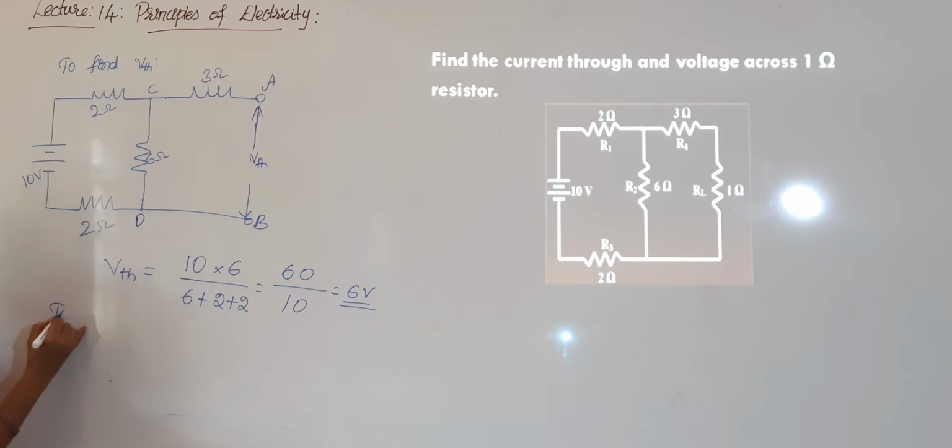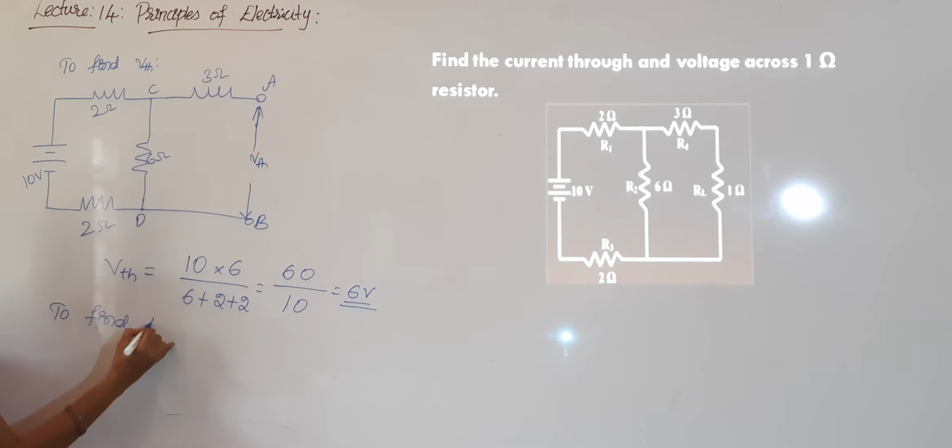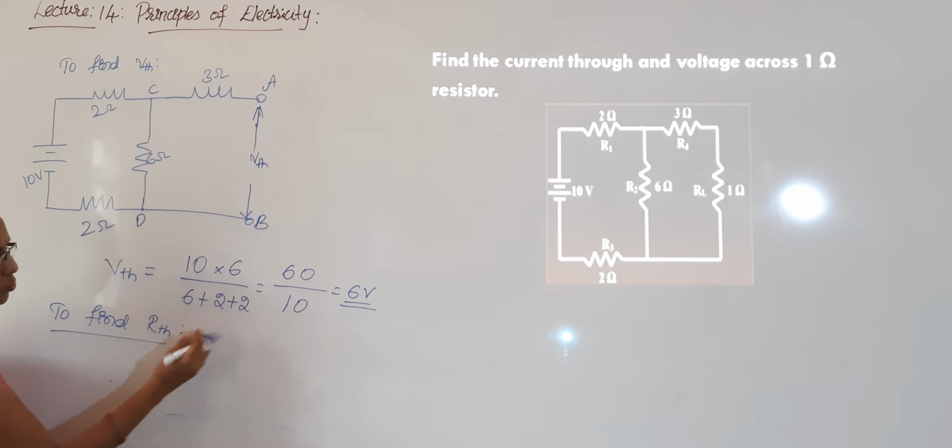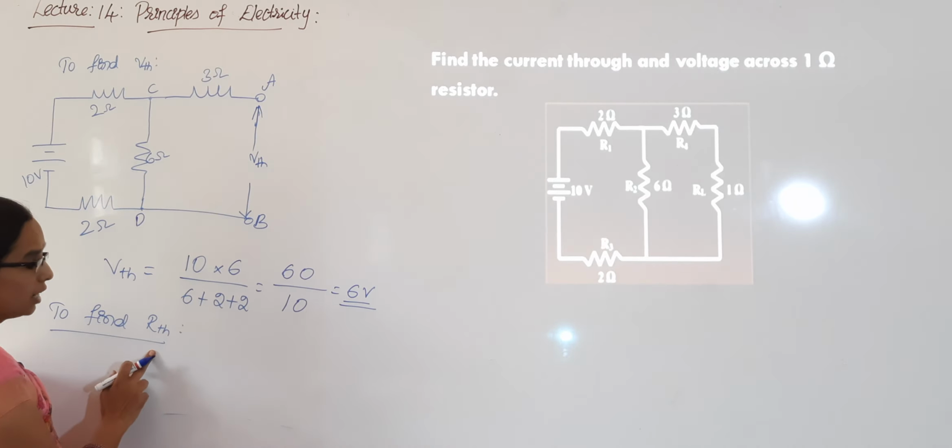Okay. Next step, we have calculated Thevenin's voltage VTH. We have to find RTH now.